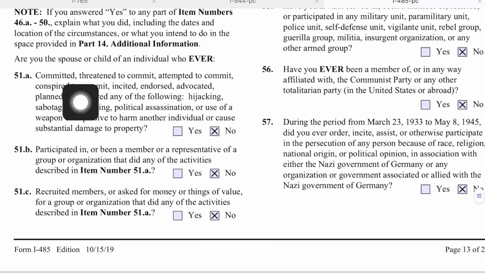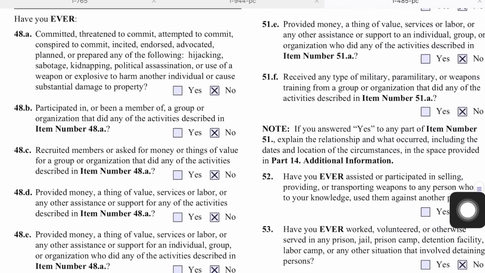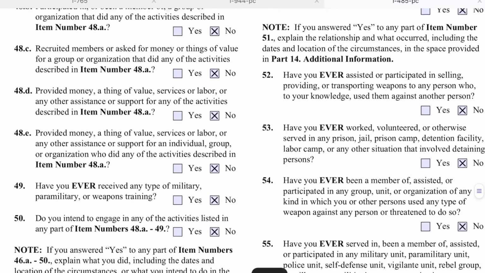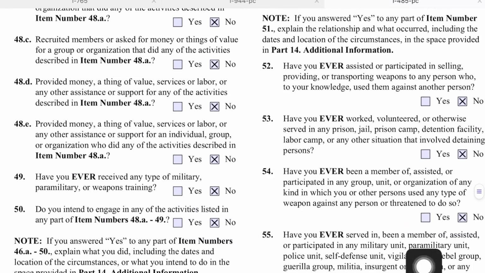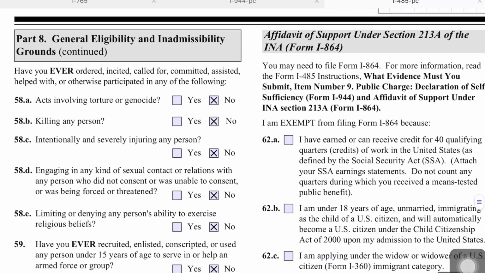So 51A, committed threat. Are you the spouse or child of an individual, whoever? So you need to read this one carefully again, guys, because that is so important before answering it. I'm not going to go through each of it because it's going to be personal answers.